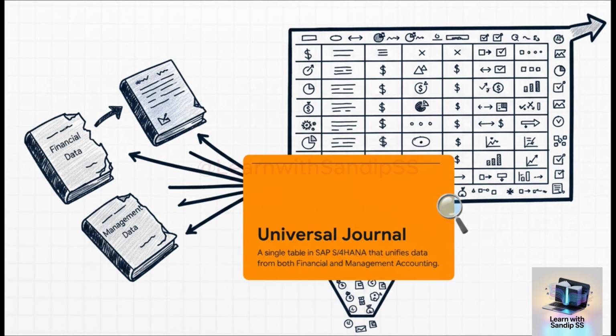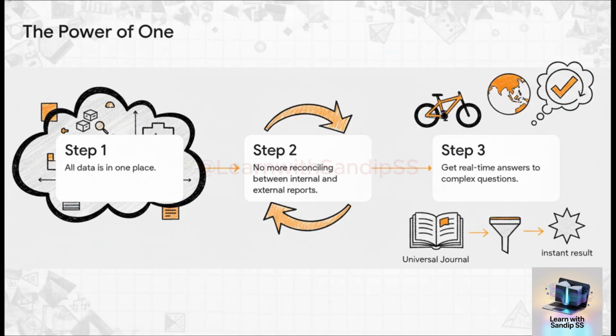You see, in older systems, financial data and management data lived in completely separate sets of books, and they were a nightmare to reconcile. The Universal Journal changes everything. It's one giant unified table where every single transaction is recorded just once. But that single entry contains all the details needed for both the external financial view and the internal management view.